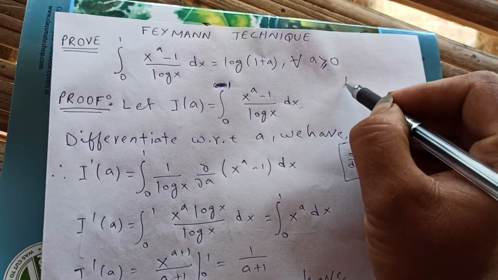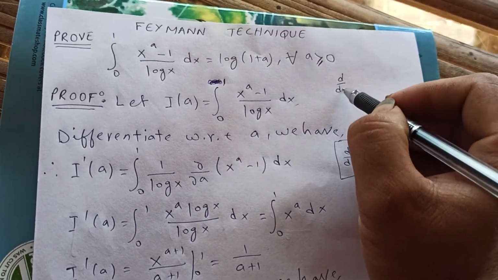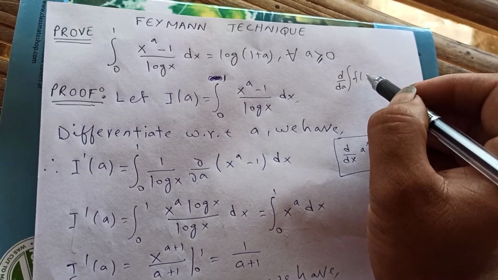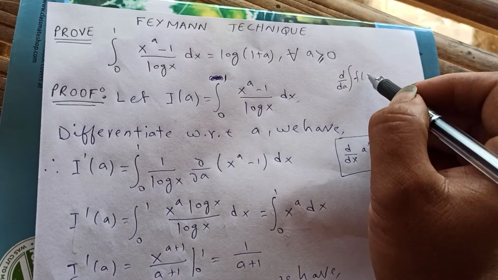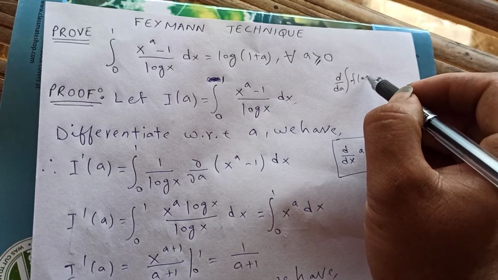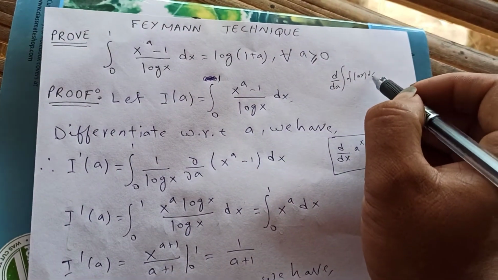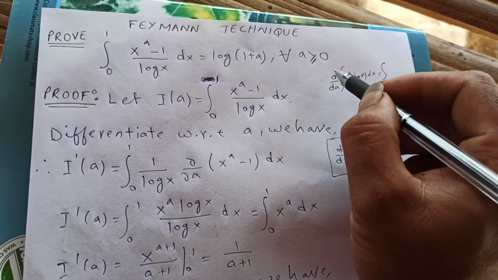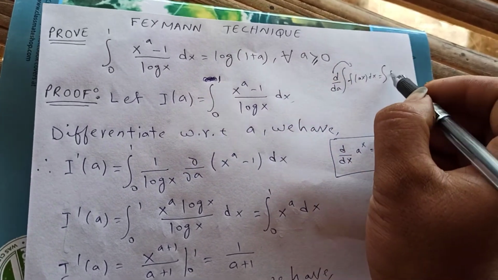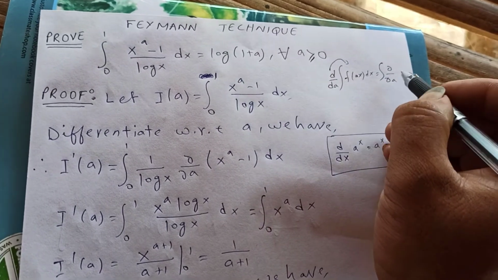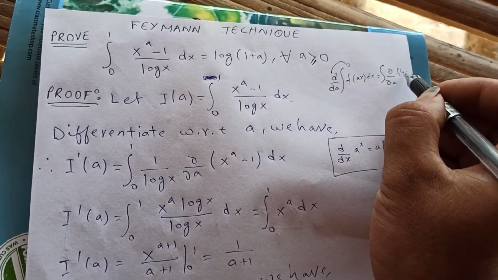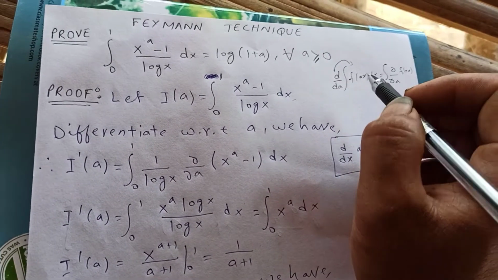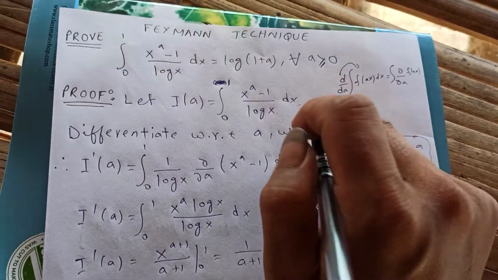According to the Leibniz rule, the differentiation of the integral of f(a, x) dx is nothing but the integral of the partial derivative, if you put the differentiation under the integral sign. That is what we call the Leibniz rule.